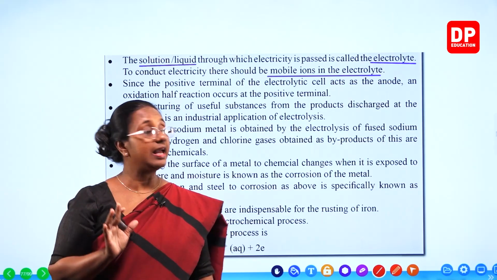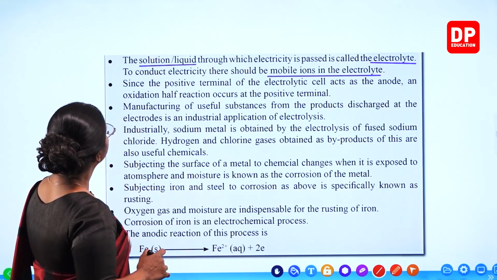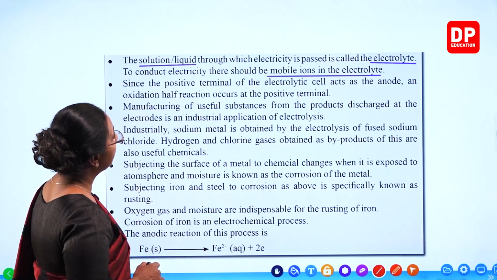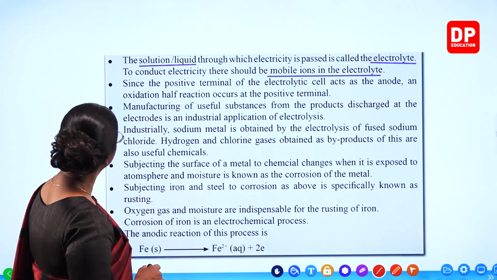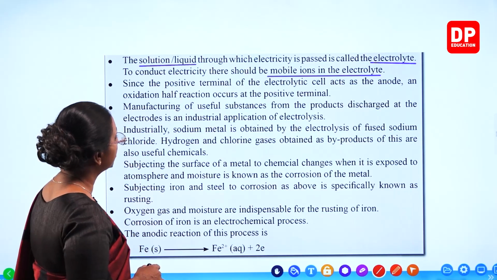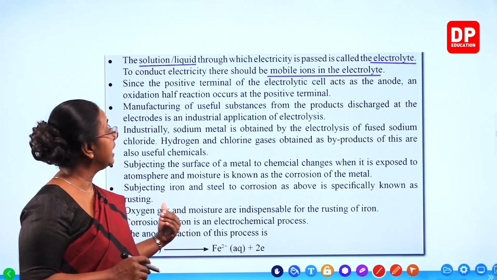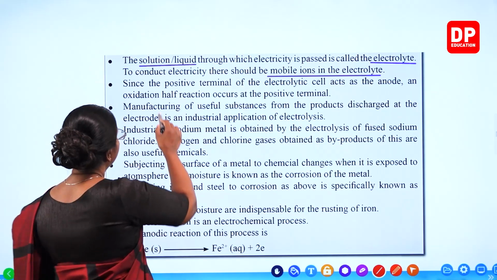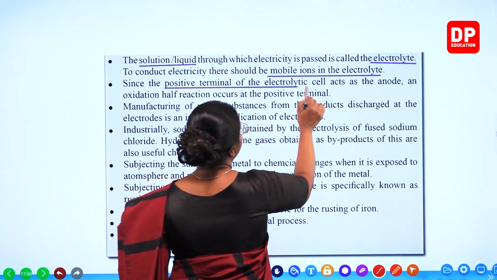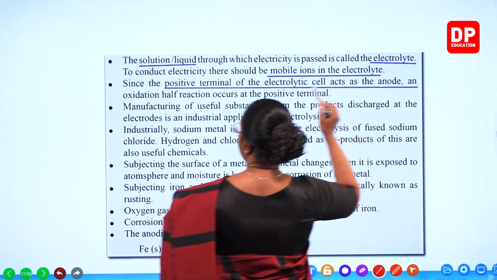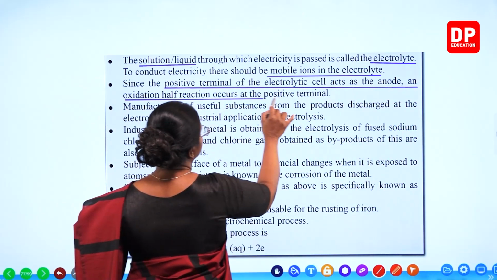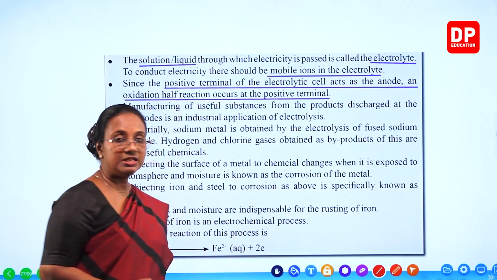Those are good electrolytes. Since the positive terminal of the electrolytic cell acts as the anode, an oxidation half reaction occurs at the positive terminal. This is different from the electrochemical cell. So you have to remember, positive terminal of the electrolytic cell acts as the anode, and oxidation half reaction occurs at the positive terminal.